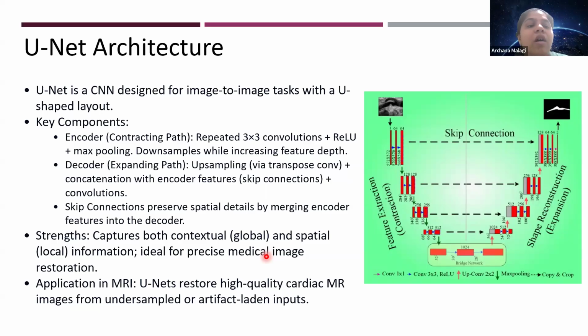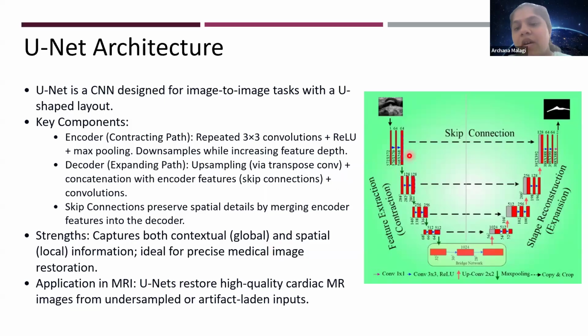One is the encoder and decoder. What the encoder does is, for example, if you give K-space or an image, it reduces the imaging dimension into different vectors.